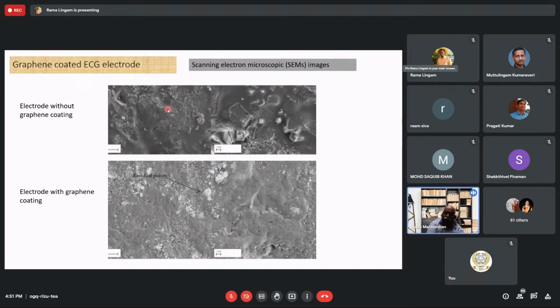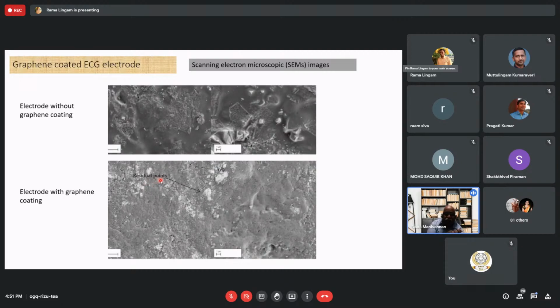Before the coating we do the SEM image scanning, and the top one shows how they look alike. Once the graphene is coated, we can see a difference, a very fine nano structure. The bottom one is the graphene coated, and the top one is without graphene. So at least it shows the graphene is coated.